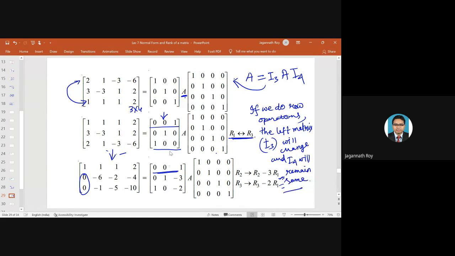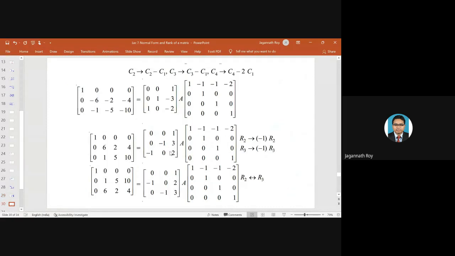This is the working mechanism. And then if you do column operations, then this matrix will change. I4 will change.